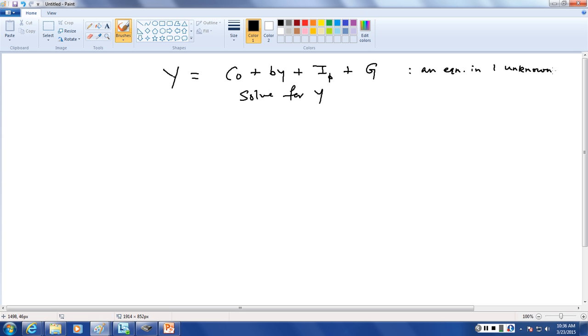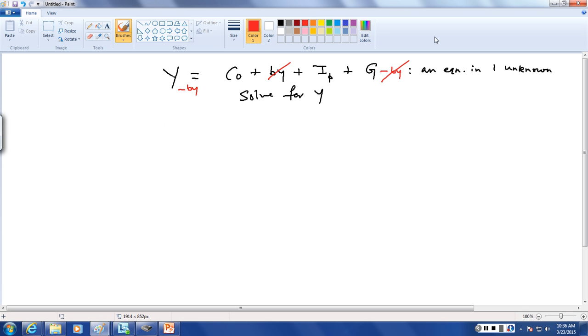We would, of course, have to first gather all the Y's to one side of the equation. Correct? Right? So to gather all the Y's to one side of the equation, I am going to have to subtract BY from both sides, because that way I get rid of this BY and that BY.